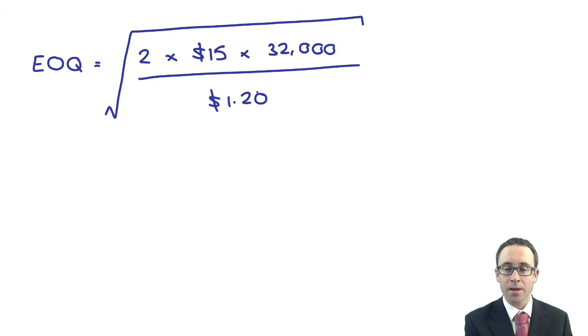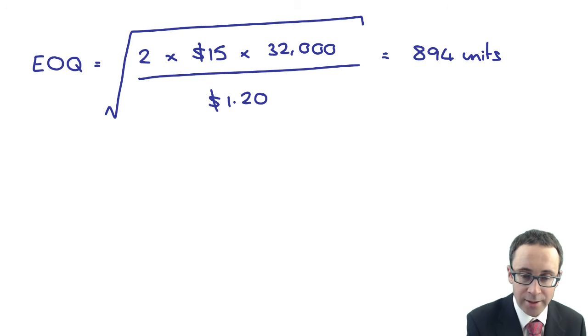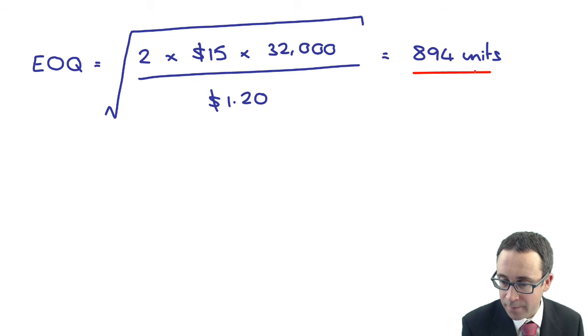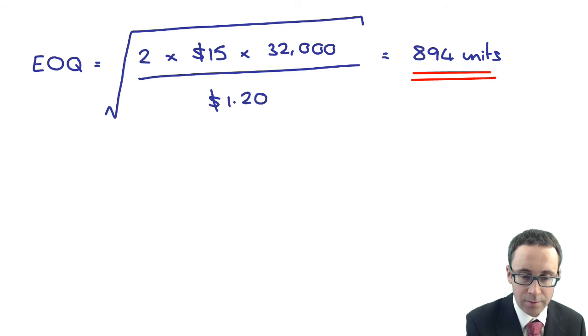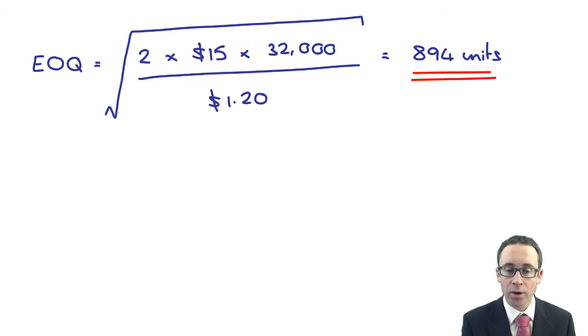If you tap that into your calculator, you should get 894 units. You're rounding it to a whole number. Don't round it up, always round it down in terms of your number of units, or follow what it says specifically within the question. Okay, so that's your economic order quantity.